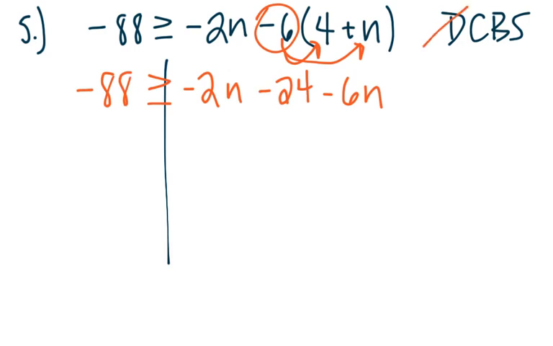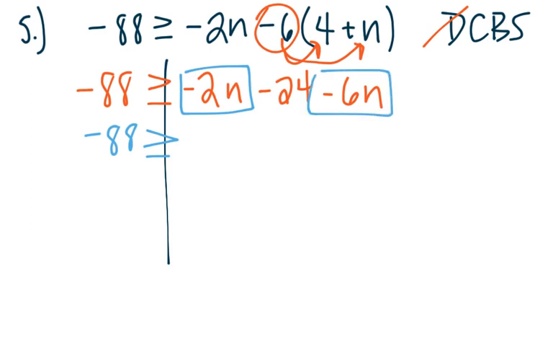Combine. I don't need to combine anything on the left because it's just negative 88, but I can definitely combine negative 2n and negative 6n. That's just going to become negative 8n minus 24 comes down. The variable is on one side already, so now we just solve.